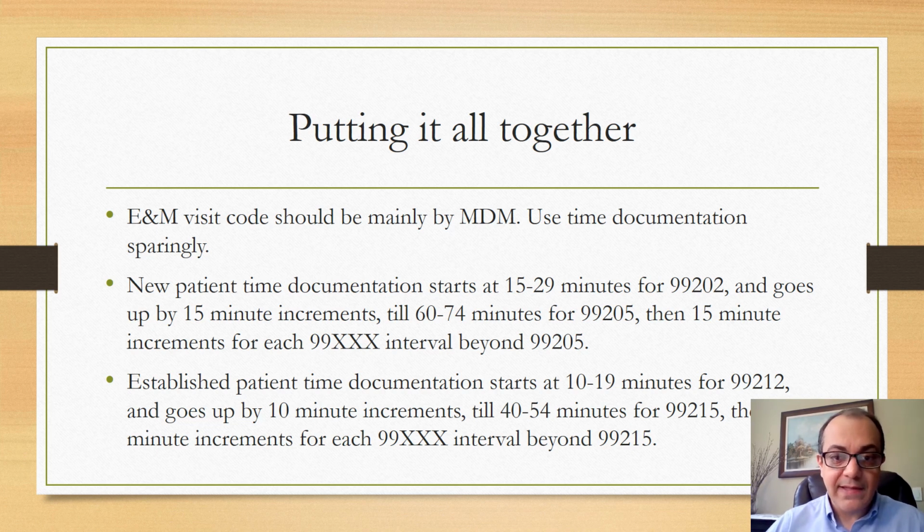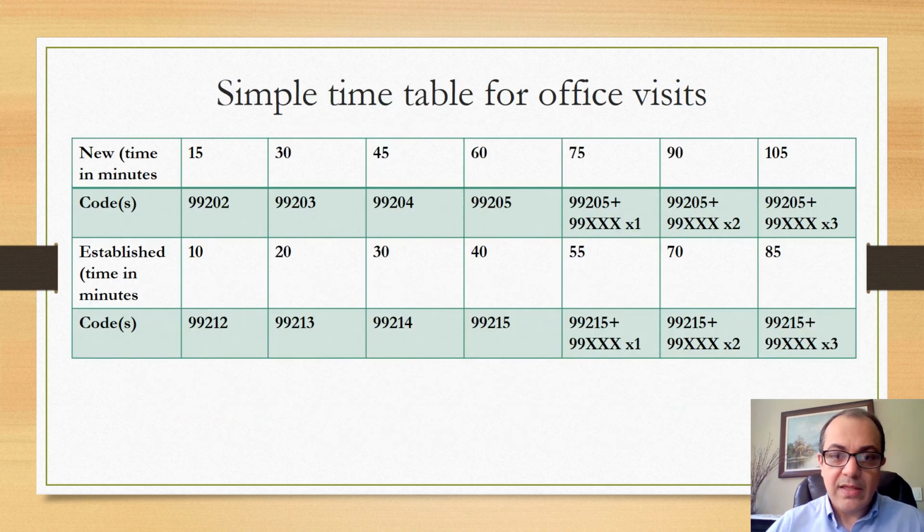Now, I made a table to make this easier for you, and I hope that you can have it in a laminated card or a printout, because that table will probably be the easiest way to remember what we just explained. This is the table, all right?